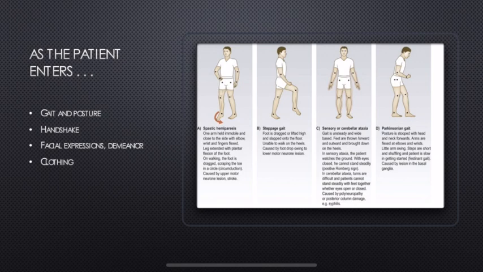You'll notice their clothing. Are they dressed really, really well? Or are they dressed shabbily? Are they wearing their pajamas in your clinic? Could they not get dressed because they're so ill or because they're so depressed? That kind of thing. One example of this is we used to have a patient that would come into the hospital in America who had sickle cell disease. And he'd come in with severe pain because of the sickling of the blood cells in his bones and tissues.